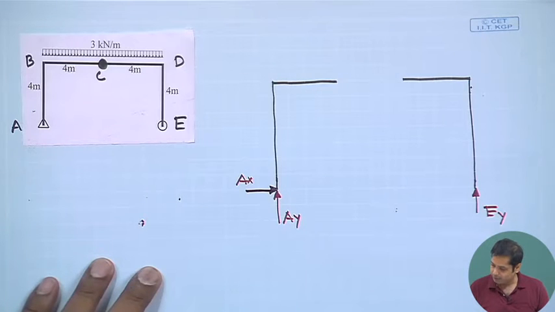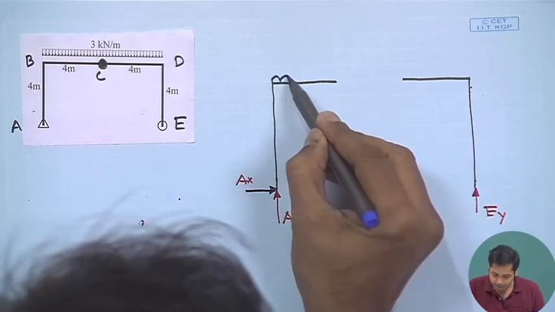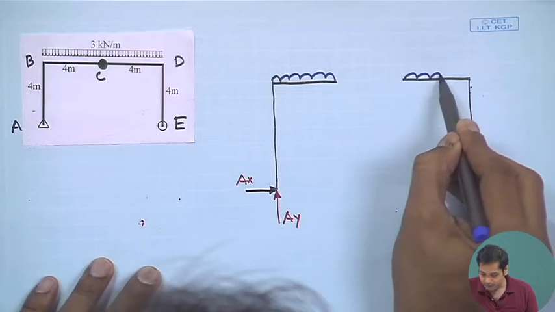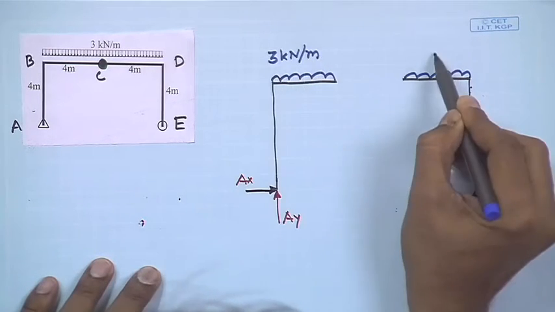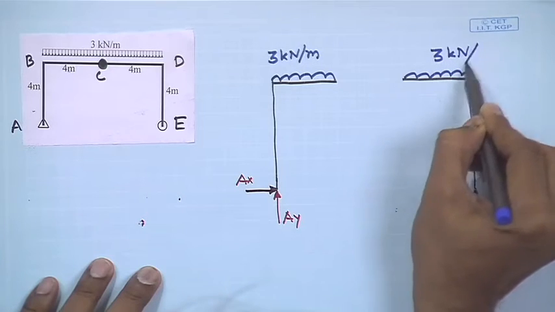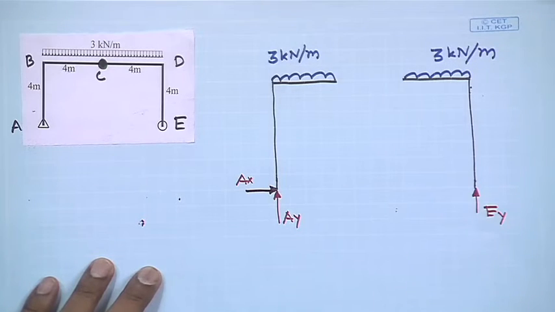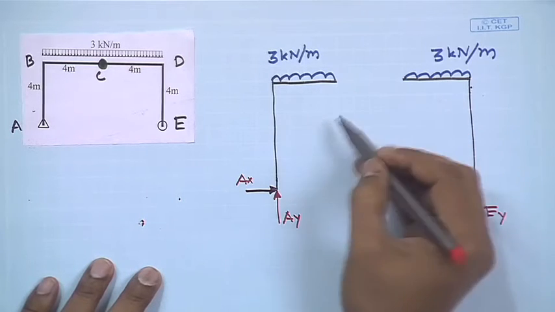Then we have the externally applied load, 3 kilonewton per meter on each part.